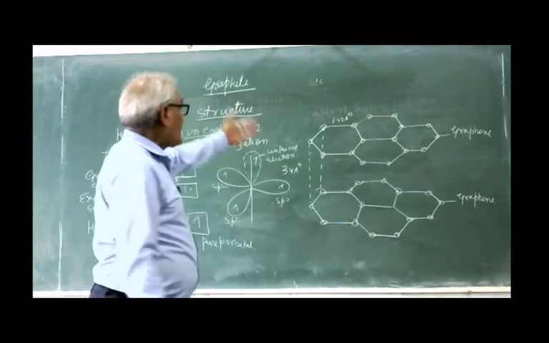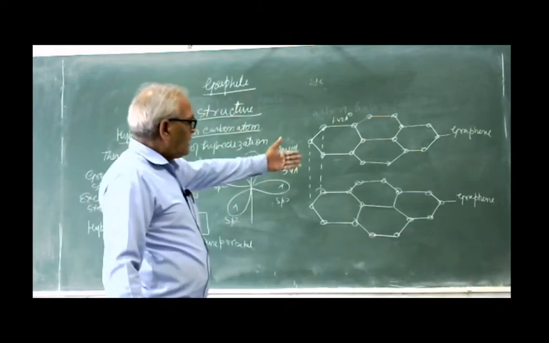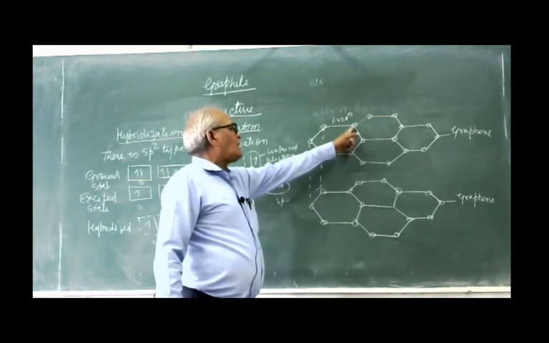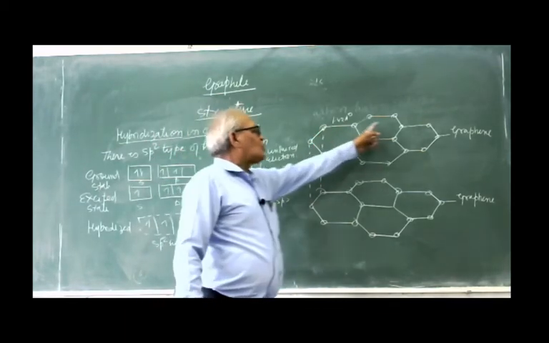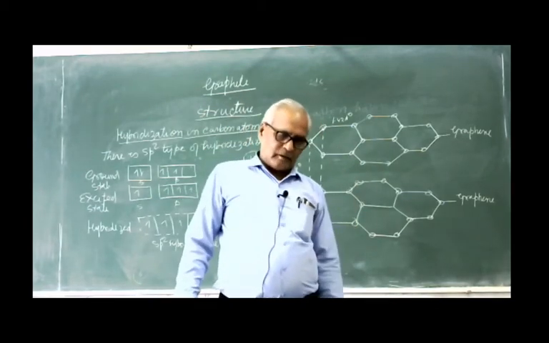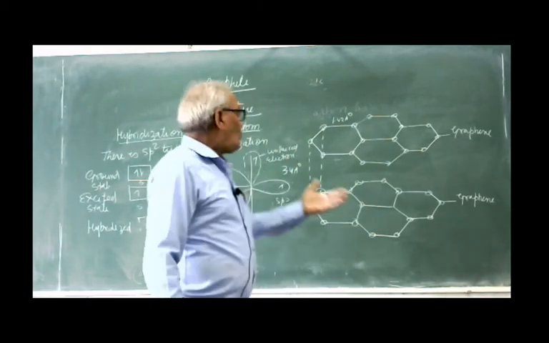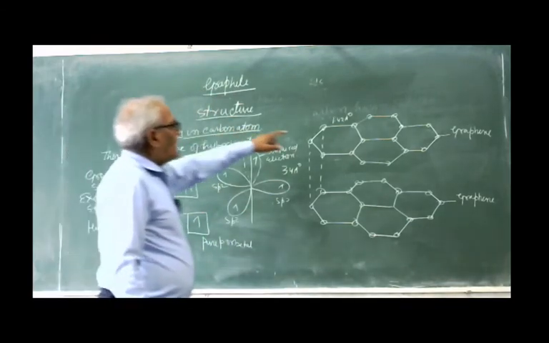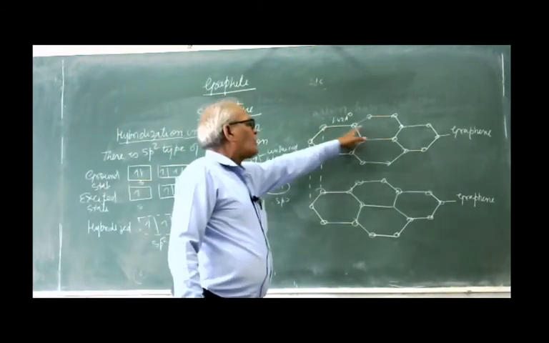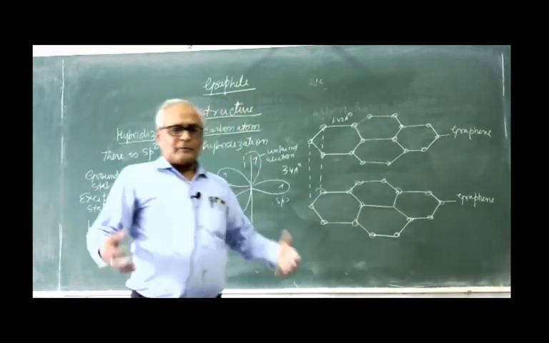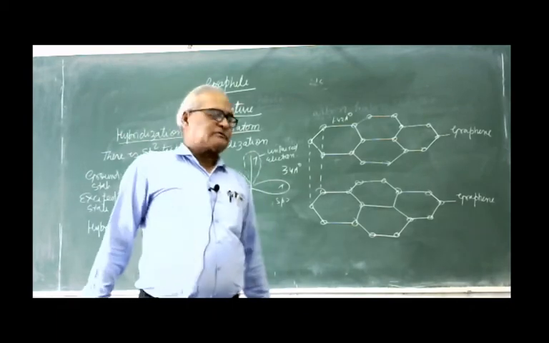So in structure, just see here, this is the structure. Carbon atom, carbon, carbon, carbon. So these are hexagonally arranged. I have shown here this carbon atom, or all carbon atoms, their atomic orbitals are hybridized.